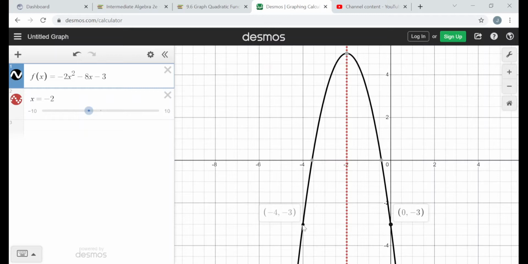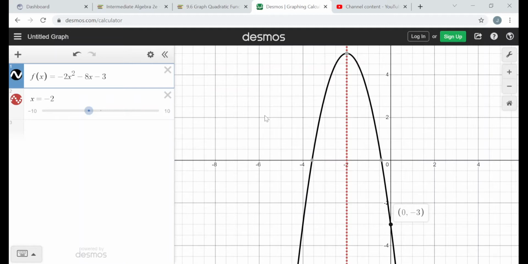Now, in a future video, we're going to not only talk about finding this y-intercept, this point on the y-axis, but also finding these points on the x-axis, finding the x-intercepts as well and using those to help me graph also.